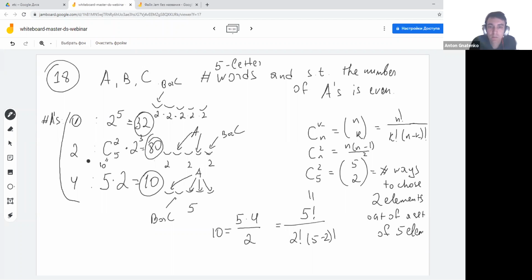In general, if you have just an even number of A's, you can do that: 10 ways to obtain 4 A's, 80 ways to obtain 2 A's, 32 ways to obtain 0 A's, which is 122 in total. Okay.